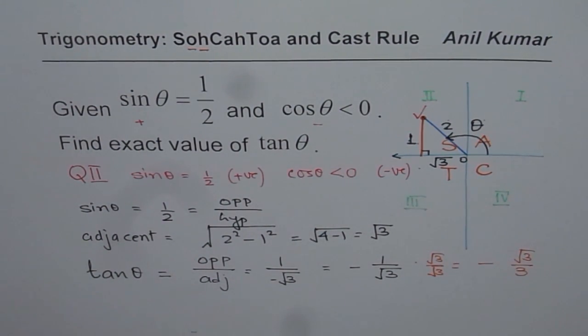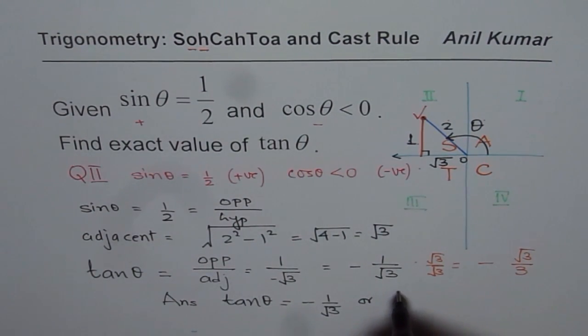So taking that into consideration, let me now write down our answer as the exact value for tan theta is negative 1 over square root 3 or negative square root 3 over 3. So that is how we can find the exact value of tan theta.